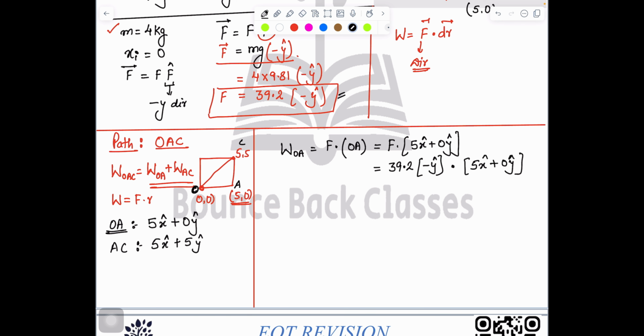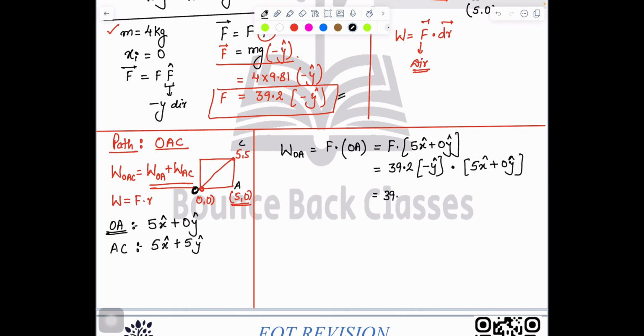So can I say 39.2 bracket, first multiply 5, negative y cap dot x cap, first part, plus 39.2 multiply 0 y cap dot y cap.